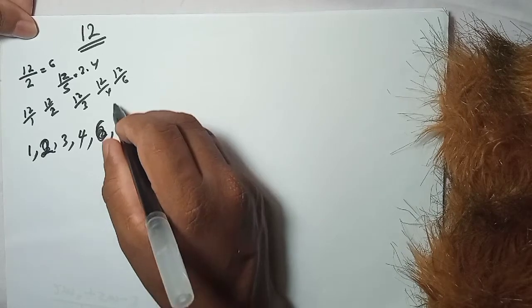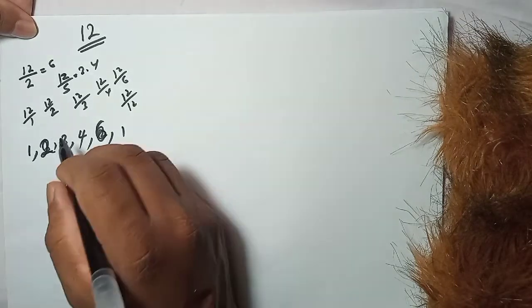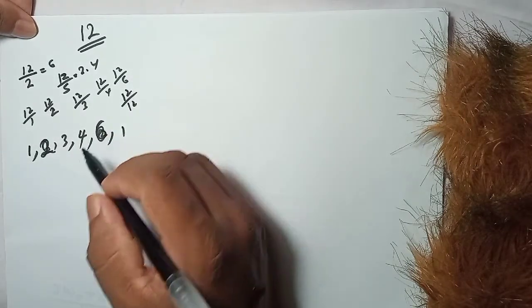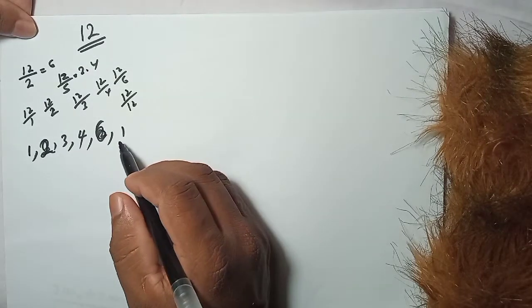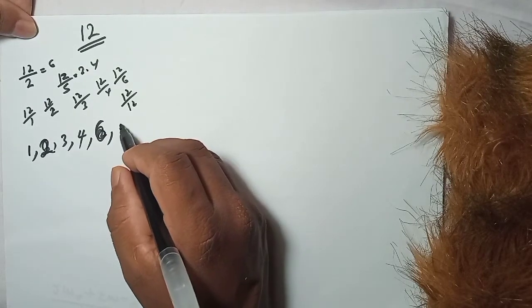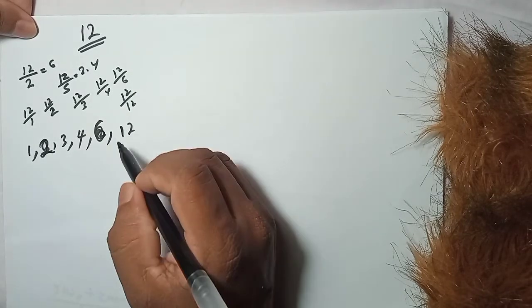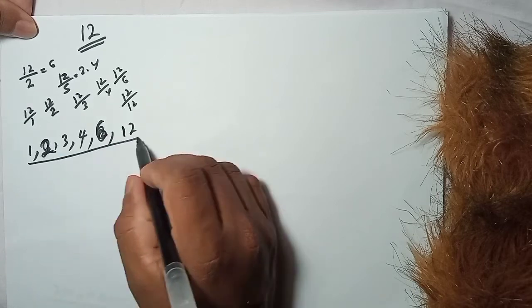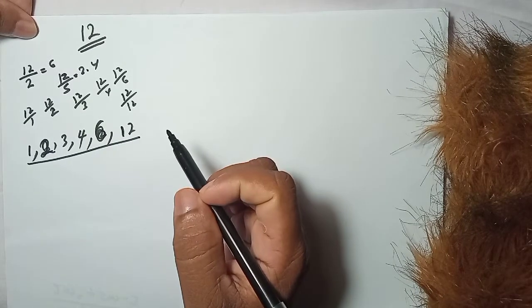Then 12 divided by 12 gives 1. Don't get the answer here because the same factors will come again. So 12 is also a factor of 12. These are the factors of 12: 1, 2, 3, 4, 6 and 12.